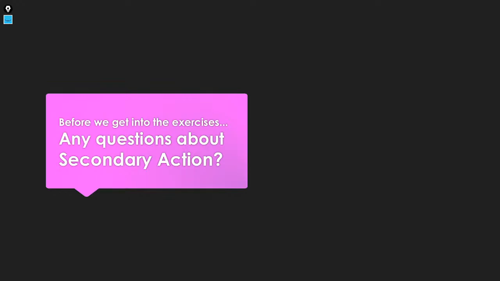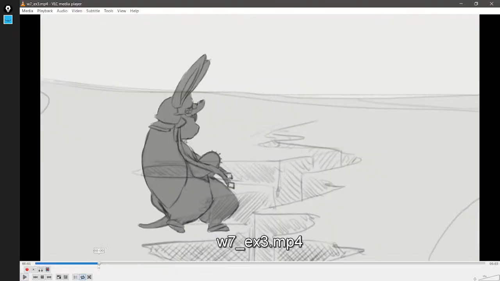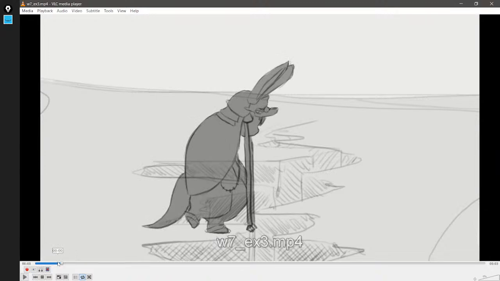Yeah, but what's the difference between the secondary action and the other action you were talking about? Overlapping action. That was the other one that I mentioned. What's overlapping action? It's something that we looked over last week, which I wasn't here. Yes, I'll explain it here.